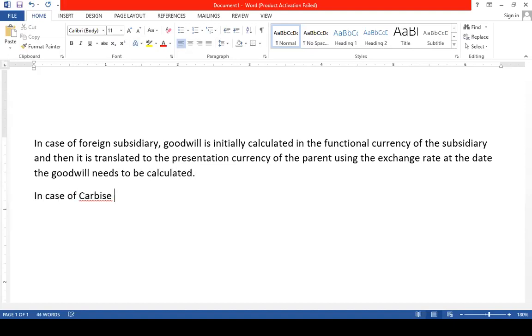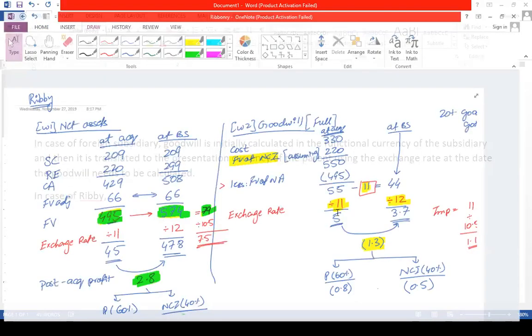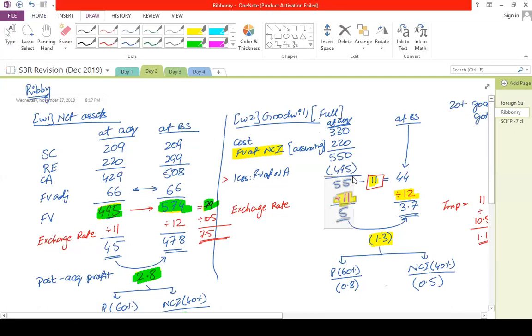In case of Carbies, in fact, let's write down in case of Ribi. I'm using the question of Carbies for the question of Ribi. In case of Ribi, if I go to the OneNote, we're going to say that the goodwill was 55 in terms of dinars, then we convert it into 11.